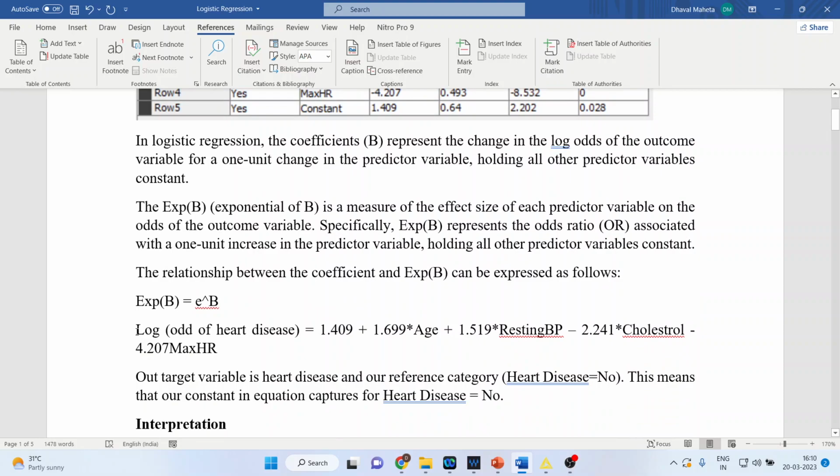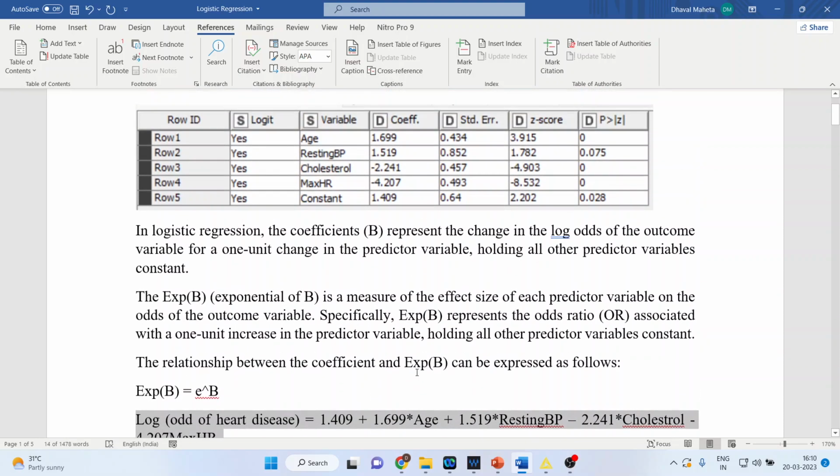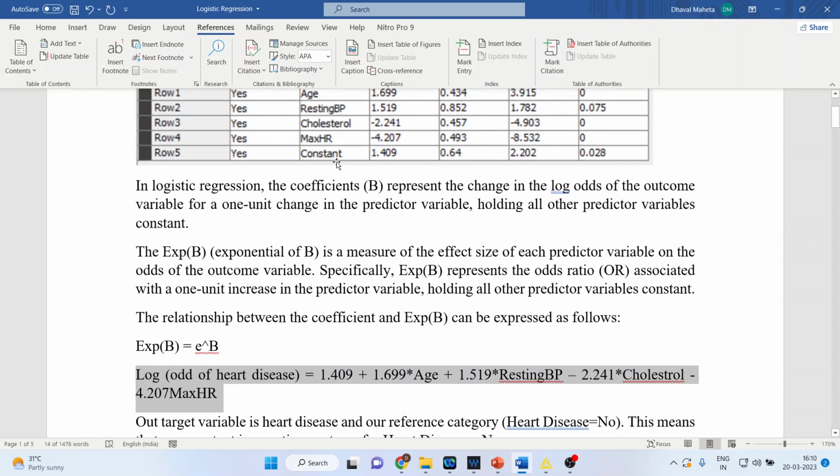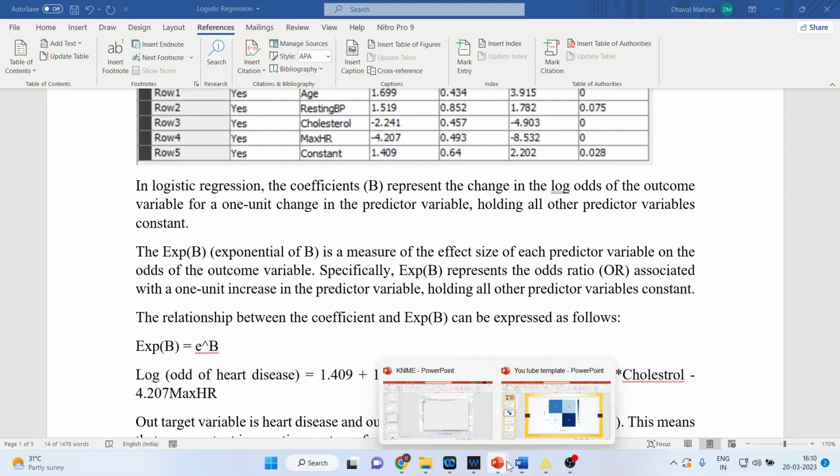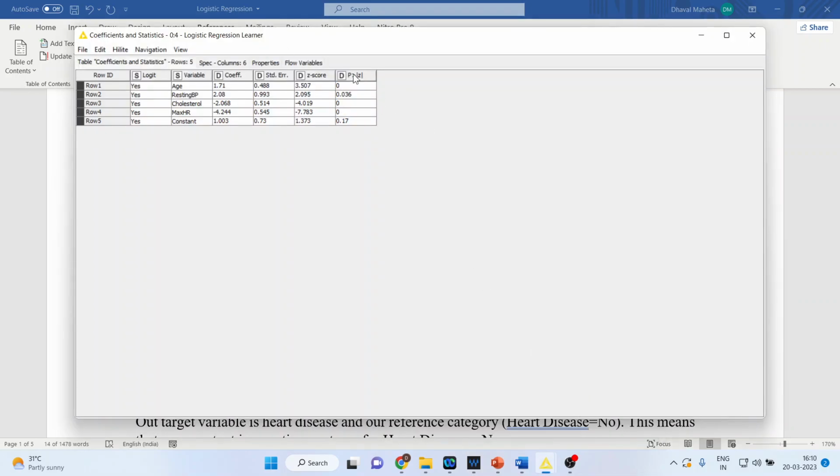So the equation is log of odds of heart disease is equal to the constant plus 1.699 times age plus 1.59 times resting blood pressure minus 2.241 times cholesterol minus 4.207 times maximum heart rate of exercise. So this is our model, right? This is our model.